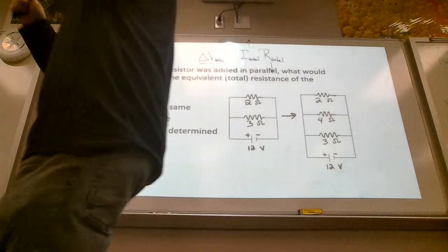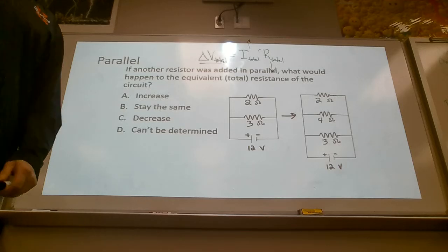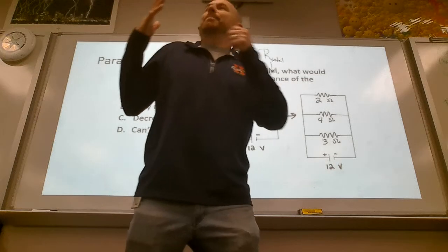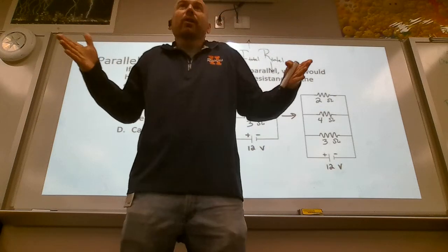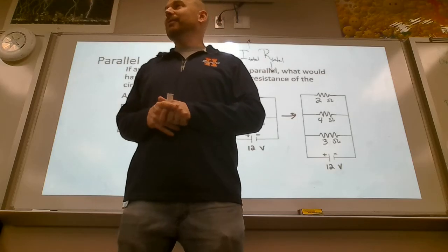Okay. Conceptually, are you helping or hindering drain Walmart when you add another checkout line? You're helping. The total resistance decreased. The bottleneck that's getting people out of Walmart just got a little wider. You added another hole to your water tower.